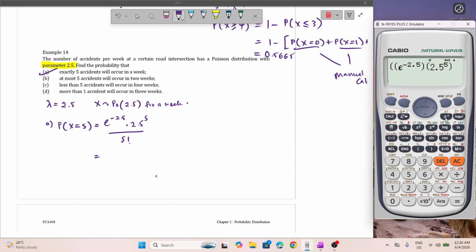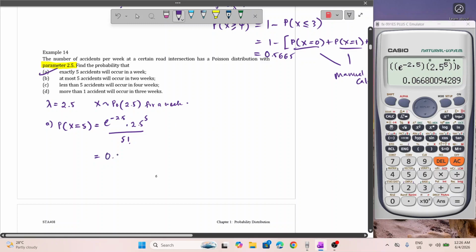The first one is only for this term, but when you close another bracket, it is meant for all terms of the numerator. Now we can divide it by 5. Go to shift and click 5 factorial, and click equal to, then you should get the answer 0.0668.